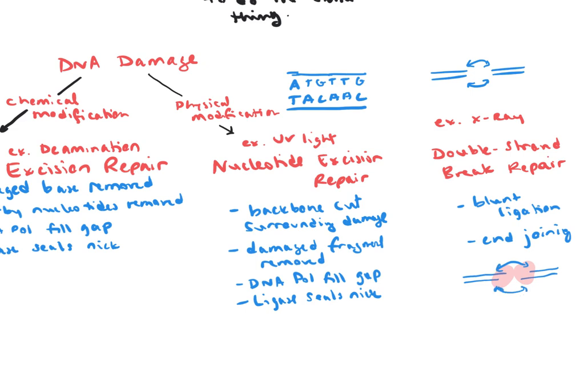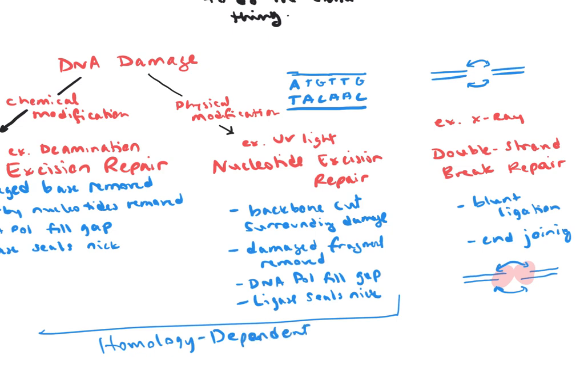Now, nucleotide excision repair, base excision repair, mismatch repair, all of these things are considered homology dependent because they depend on that template strand in order to repair the mutation back to what it was supposed to be.